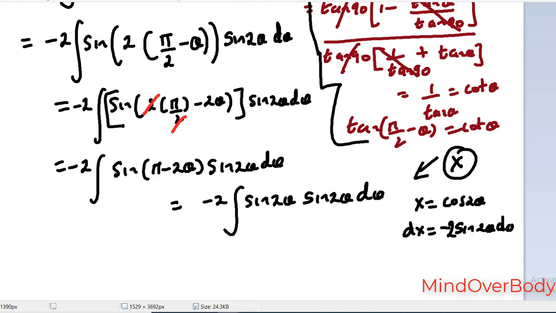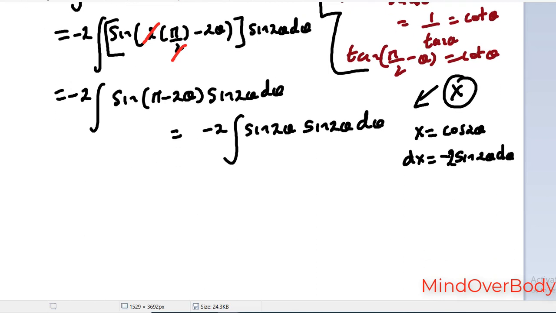This is what I've got. Now I would replace everything back to x terms. Why? It's easy for me to integrate. So foremost I would extract the sine 2 theta d theta, which is nothing but dx over 2 with a negative sign. This is my sine 2 theta d theta, followed by my sine 2 theta.